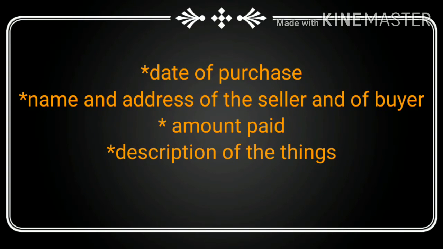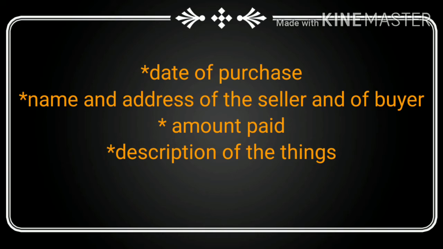Details of a bill of sale. It contains the date of purchase, name and address of the seller and of the buyer, amount paid, description of the things.